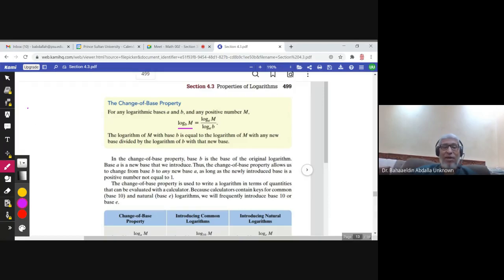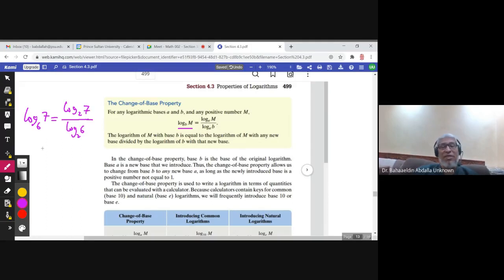For example, log of 7 to the base 6. Assume I want to change the base from 6 to 2, for example. So the new base would be 2. I write log with base 2 up, log with base 2 down, and then the 7 up and the 6 down.